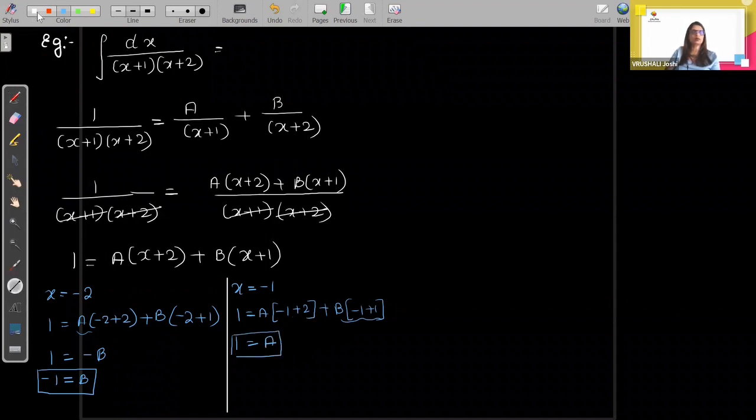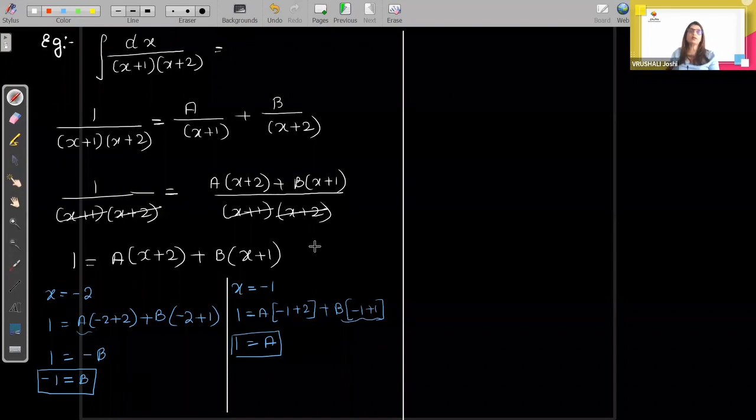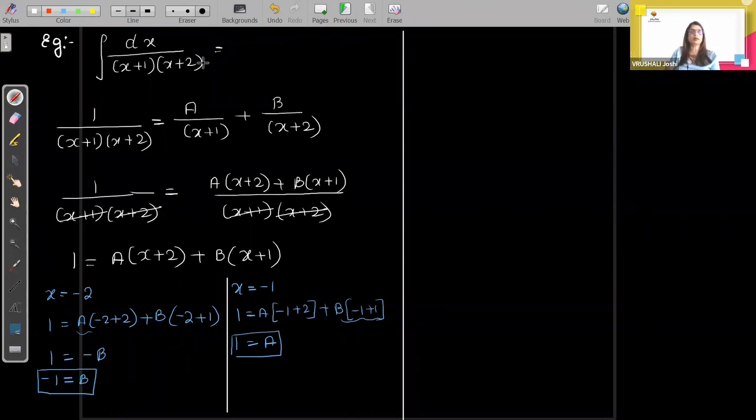Okay. Now you are all set to solve your question, and it's going to be very easy. Once you get the value of a and b, then things are absolutely easy, because after that you have to simply rewrite the entire function. So how are you going to rewrite this function?